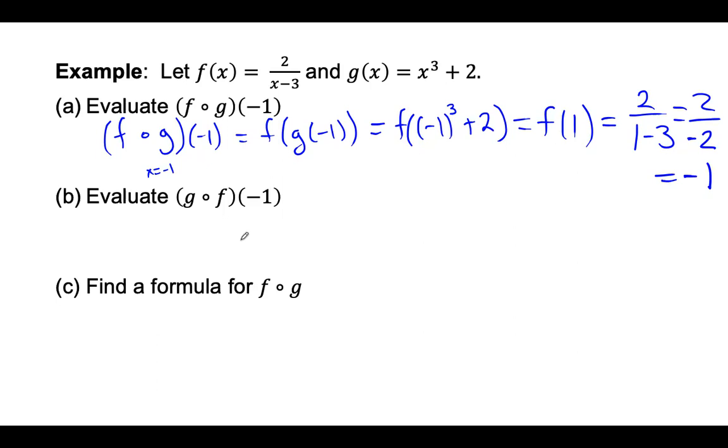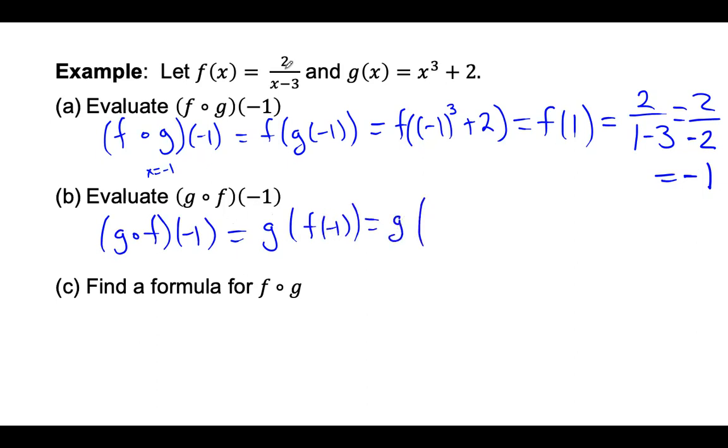Part B. So now we're going to evaluate G of F at -1. So it's the opposite. So G of F at -1. Let's do that together. So we leave G alone. F at -1, rewriting it. -1 plugged into F is 2 divided by -1 minus 3.